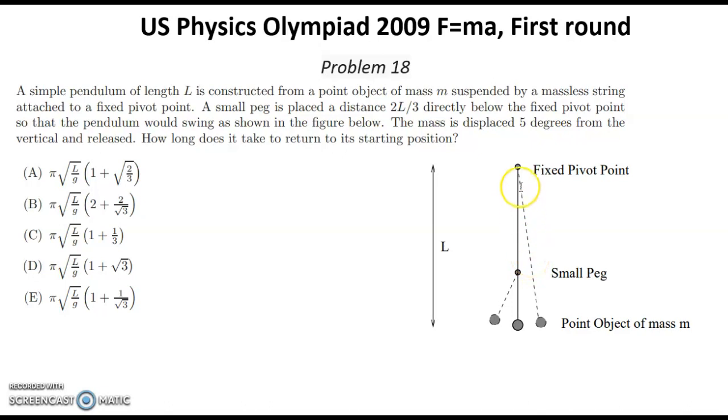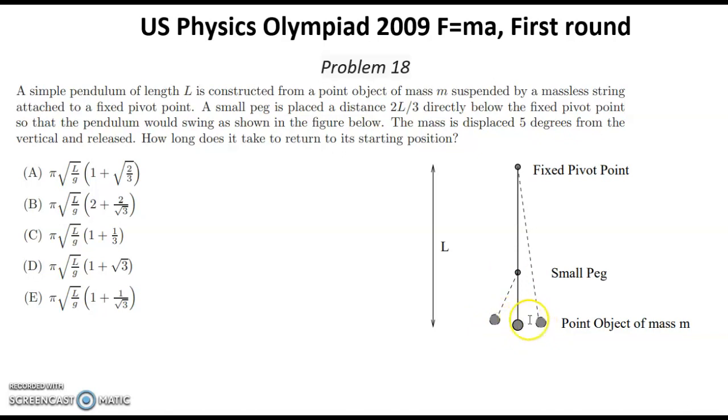So first we have a quarter of the long period while this pendulum swings through this construction, but when the string reaches this peg, it starts to oscillate with a length of just 1/3.